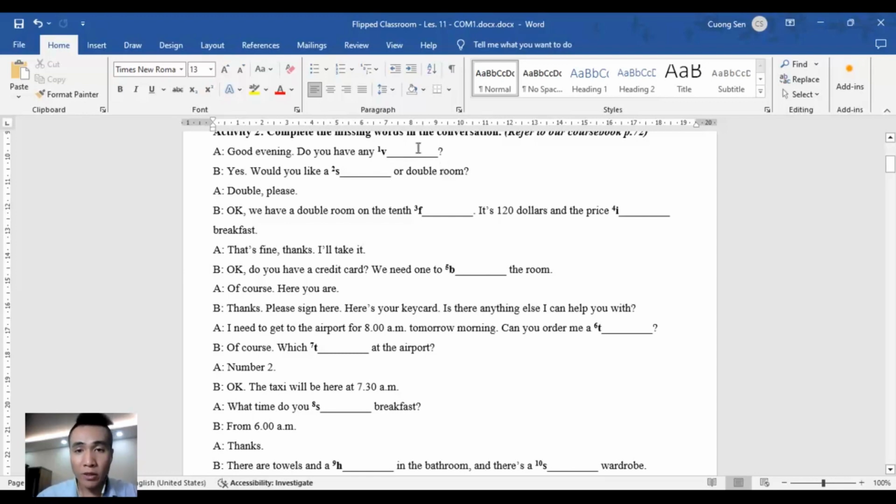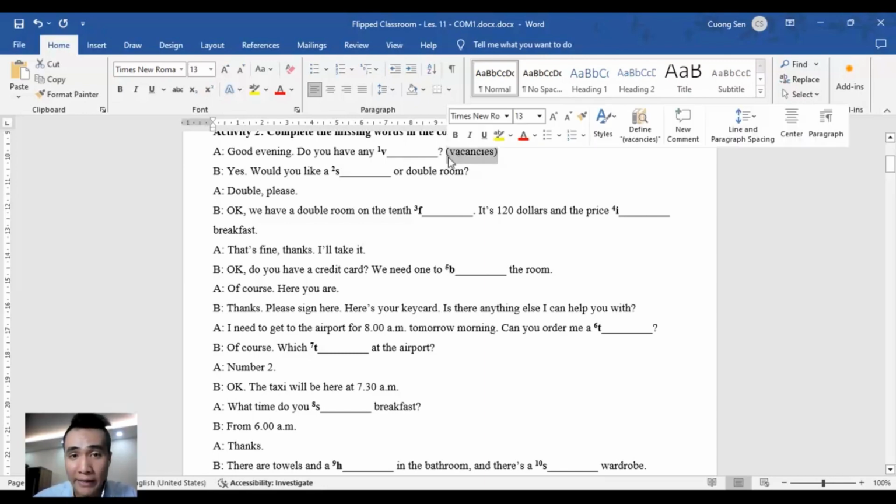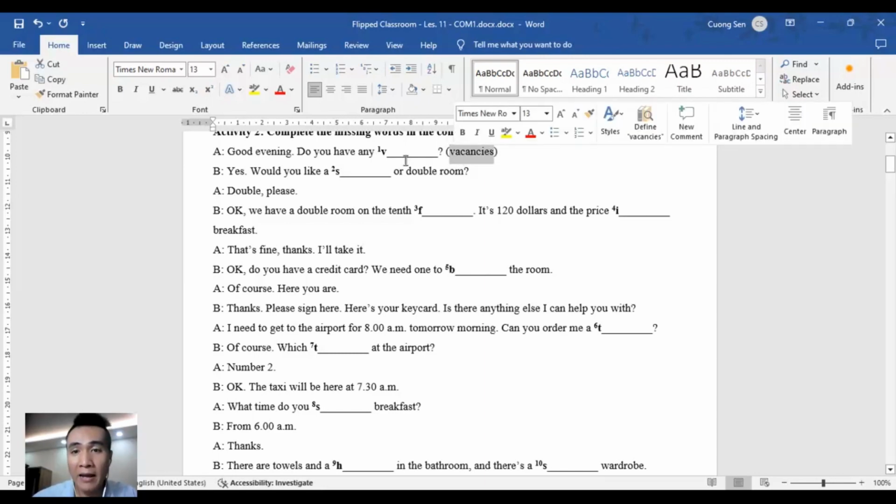For example, I'm doing the first one with you. For the V, if you look through our course book on page 72, you will see one word. That word is here.